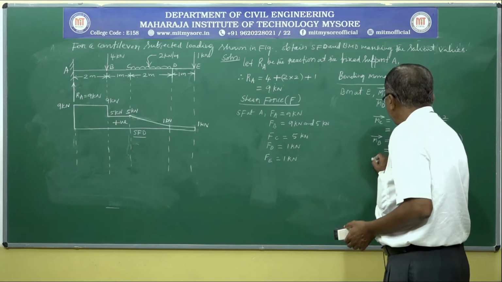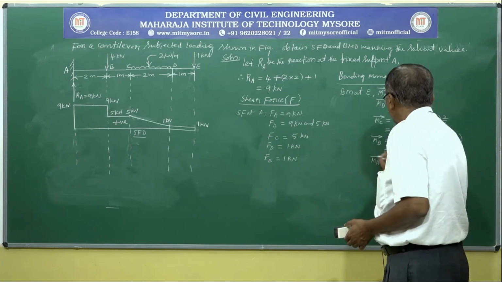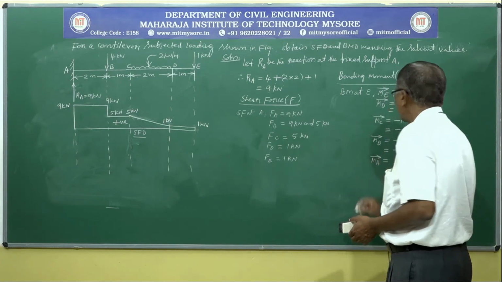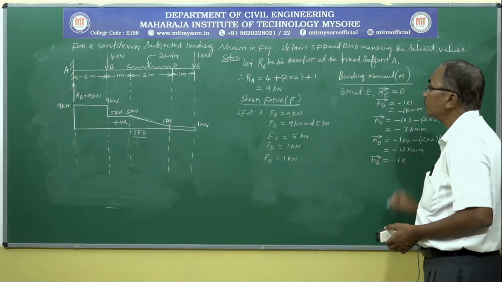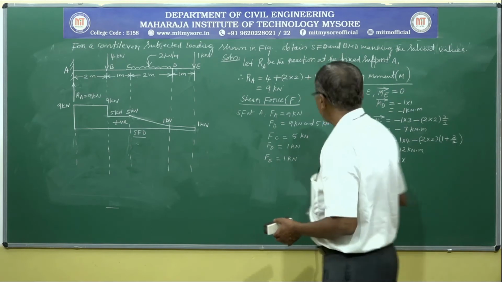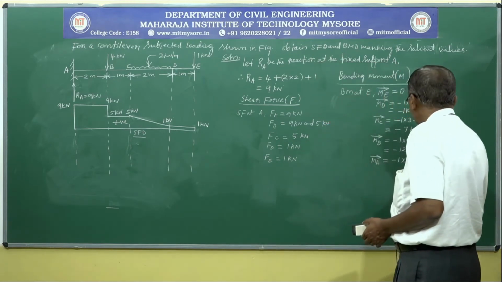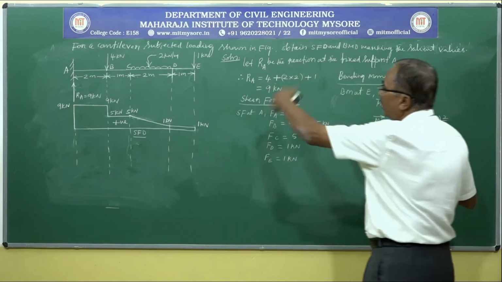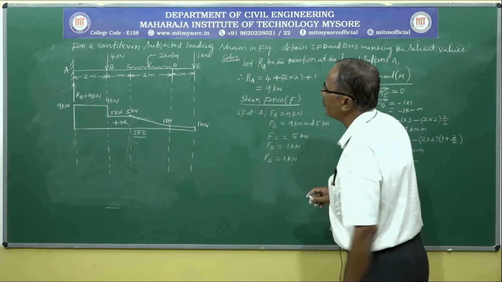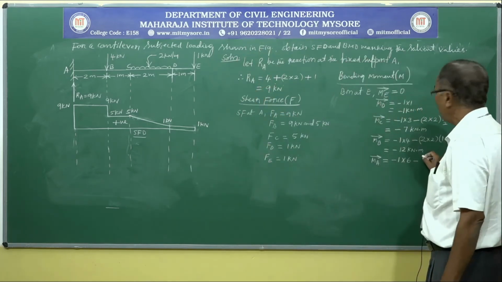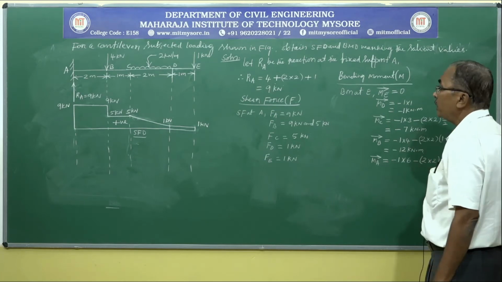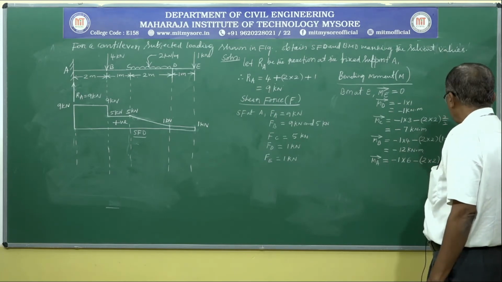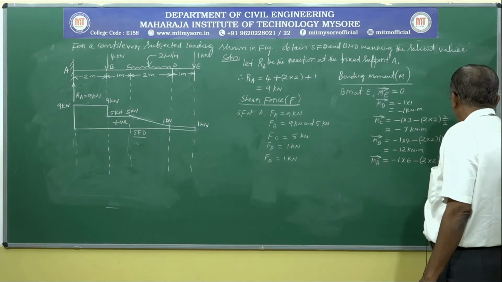Next, bending moment at A, again by considering forces to the right hand side, minus 1 into 6. Again all forces are creating clockwise moment, all are negative. Minus 2 into 2 point load of UDL into 3 plus 2 by 2.